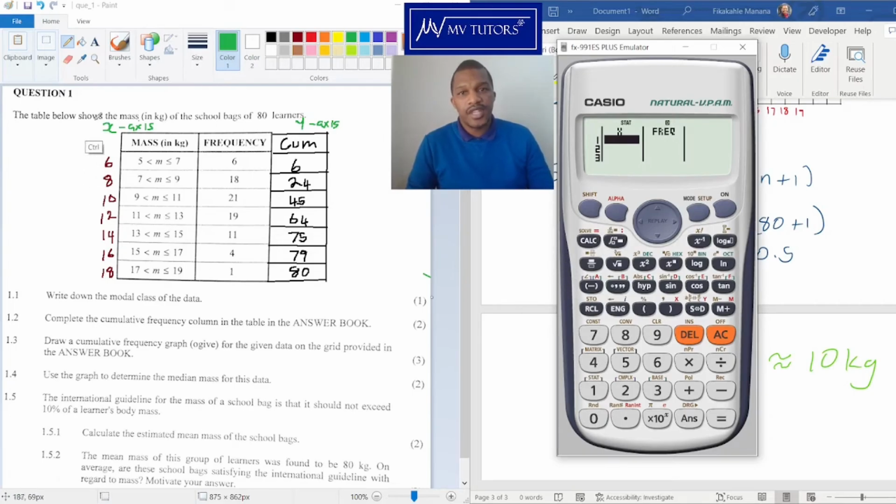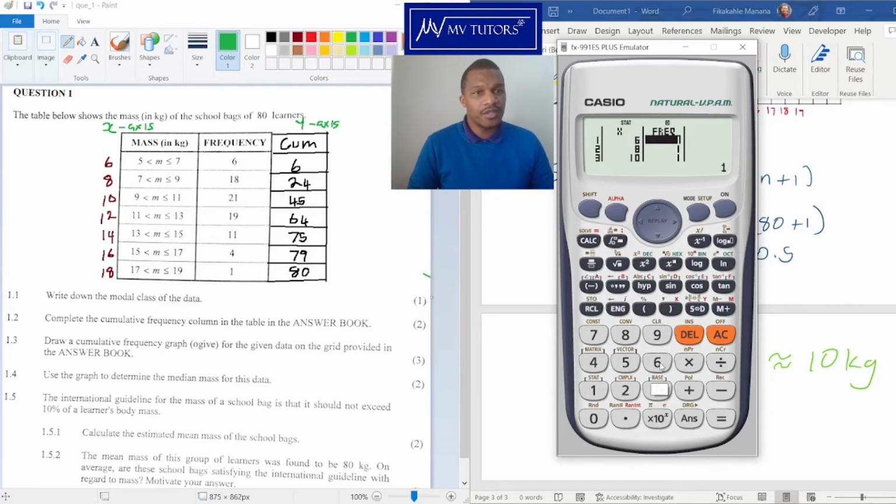We're going to put in these x values, which is 6 equals 8 equals 10 equals 12 equals 14 equals 16 equals, and then the last one is 18 equals. And then we'll go back, we'll press 1, we press down, and then we'll go to the side to put the frequencies now.